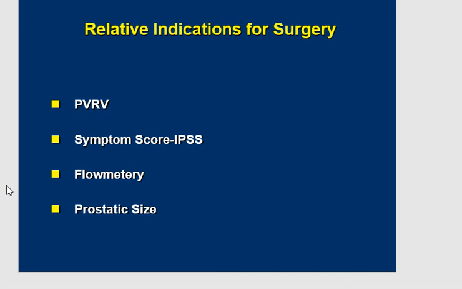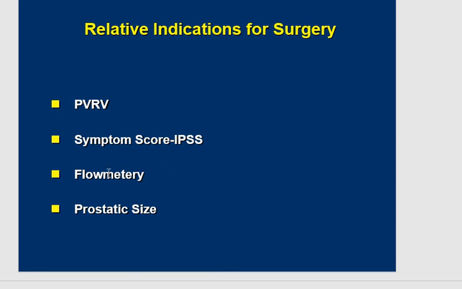is like the post-void residual volume. If it remains, the patient has symptoms and the volume is more than 100 ml or 200 ml, probably that patient should undergo surgery. Like the symptom score, if the symptoms are severe and there is no effect of medical therapy, one should go for surgery.